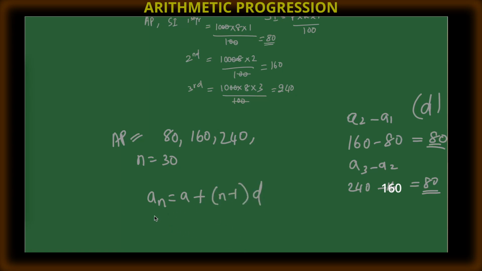So a of 30 is equal to a. Do we know a? Yes, 80, the first term. Do we know n? Yes, 30 minus 1. Do we know the difference? Yes, 80.